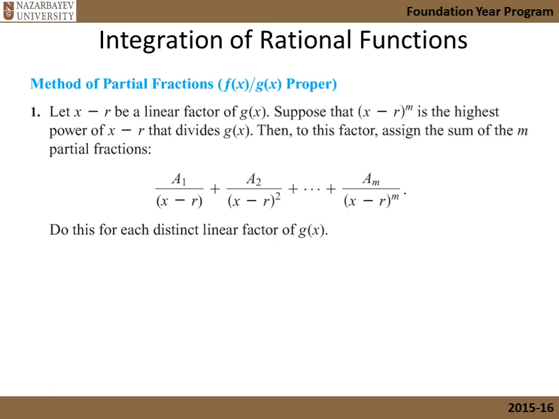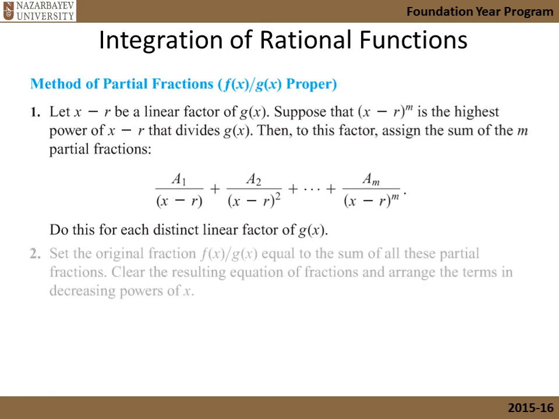Then to this factor assign the sum of m partial fractions: A1 over x minus r plus A2 over (x minus r) squared plus etc. plus Am over (x minus r) to the power of m. And we need to do this for each distinct linear factor of g of x.